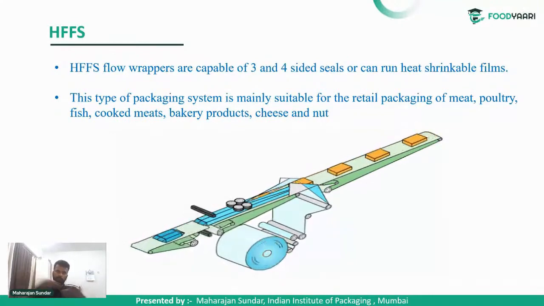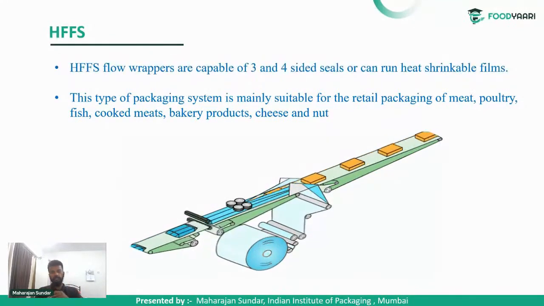Apart from that, they will be packed in packaging material which is usually three-side sealed. This horizontal form fill seal machine has the capability of sealing the product on three or four sides.